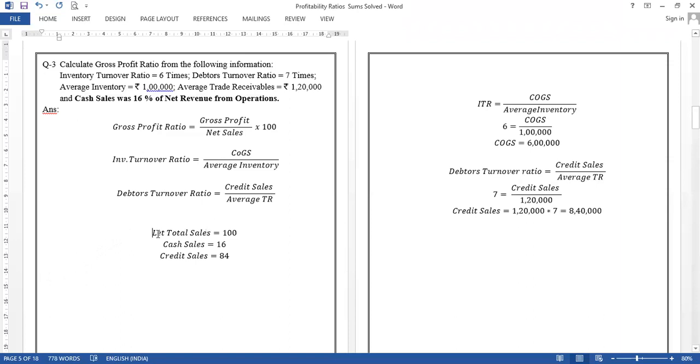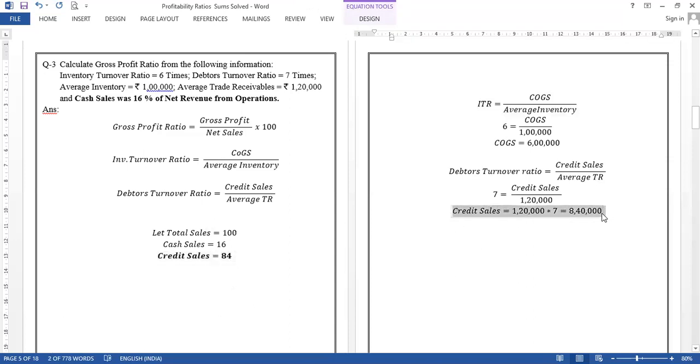Now total sale has been assumed as 100, out of which cash revenue from operations is 16 and credit is 84%. Out of these three, we are aware of the credit revenue from operations, that is 84, and the amount in terms of rupees we have calculated is 8,40,000, right?